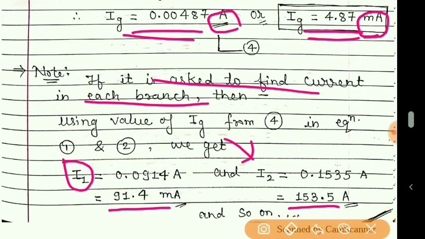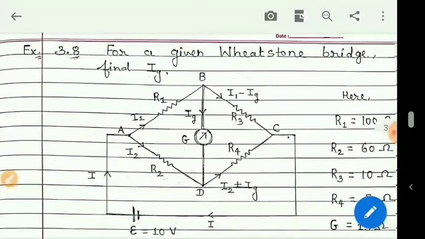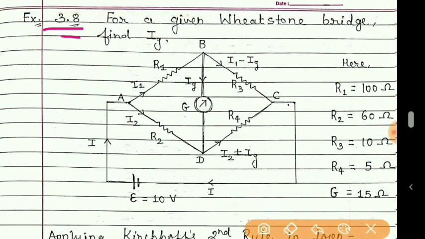So I hope you understood this, and I advise you to solve similar types of examples given in the exercise. There is one more example in the exercise which is similar to this example. So I advise you to solve that.